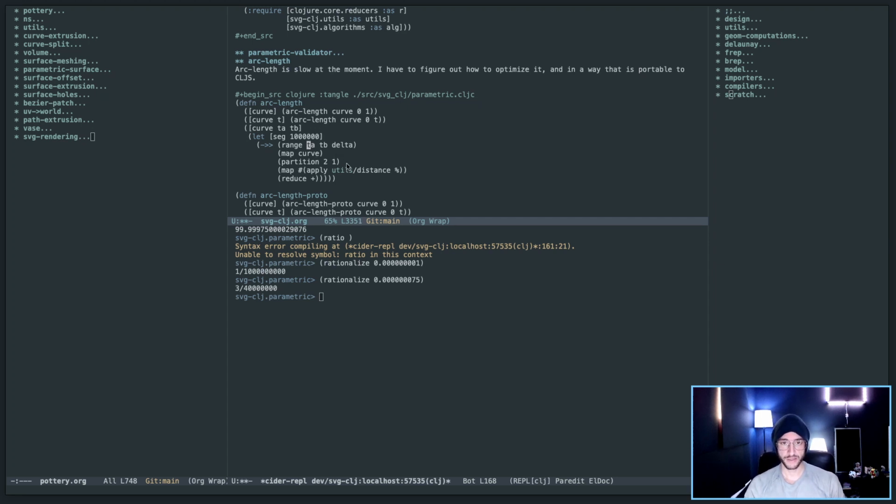So the range has to be from TA to TB and the step size is 1 over segment.